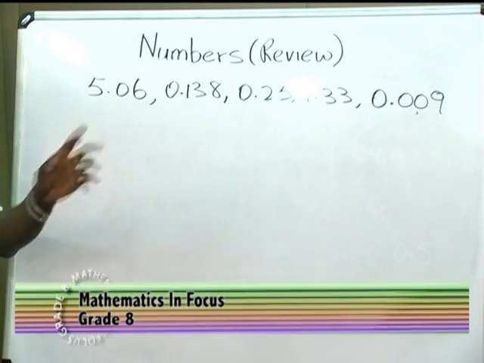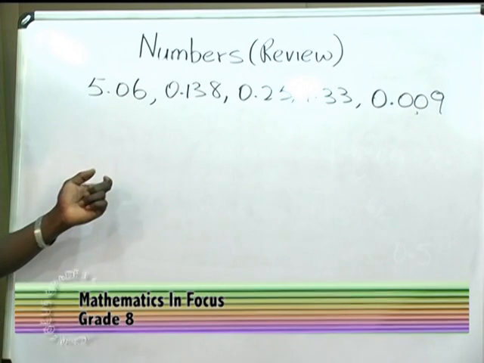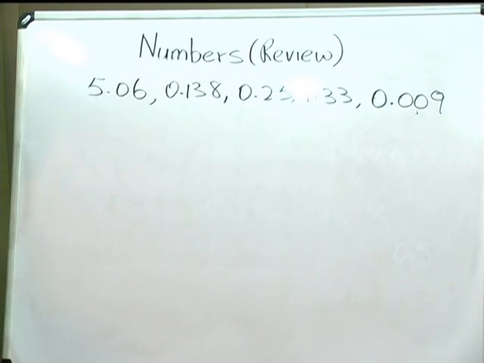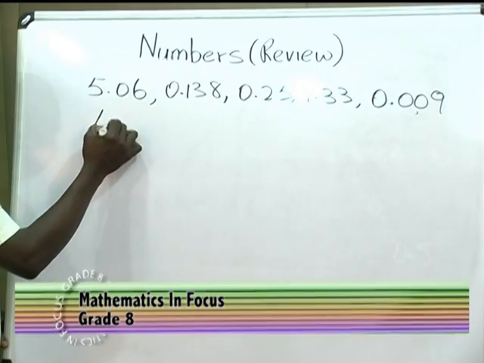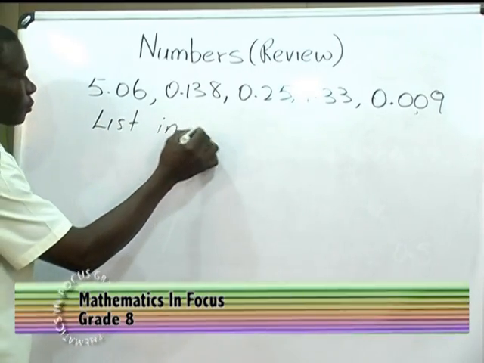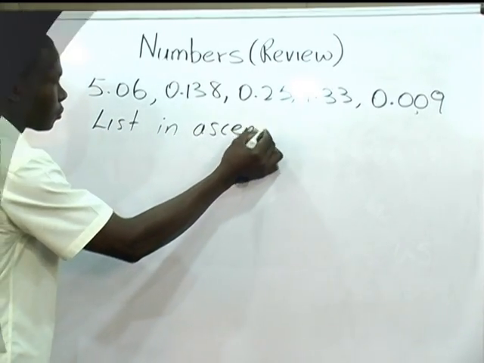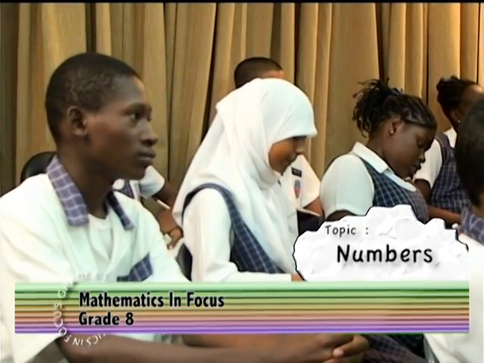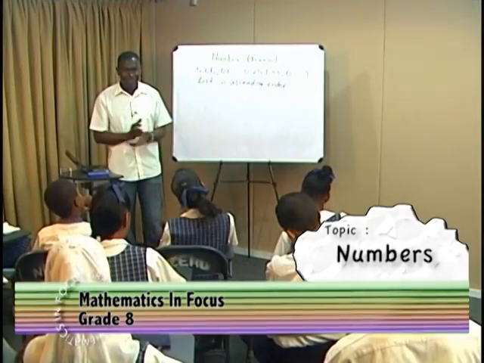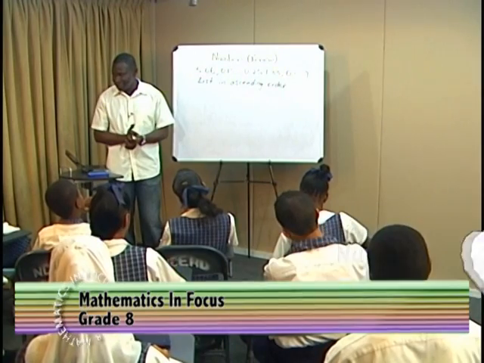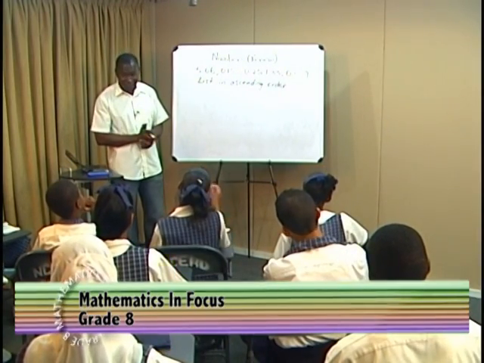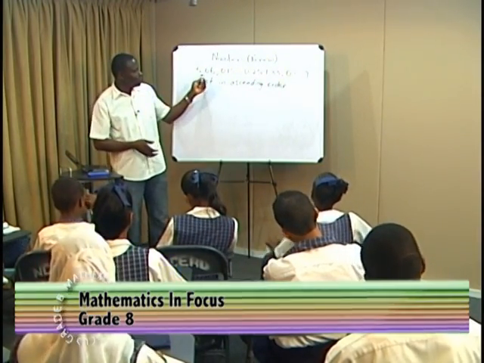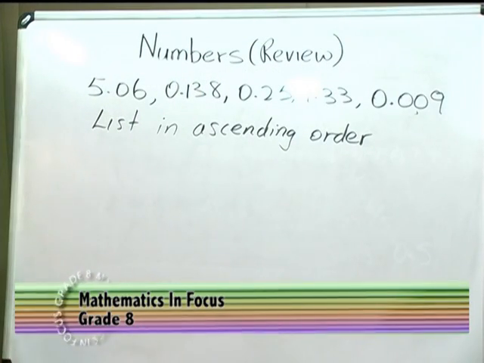So we want to write them from the smallest to the largest. Just as with fractions, we need to identify our denominator, that common denominator. Unlike fractions, though, we cannot see a denominator here or a numerator. It is all written in one straight line.